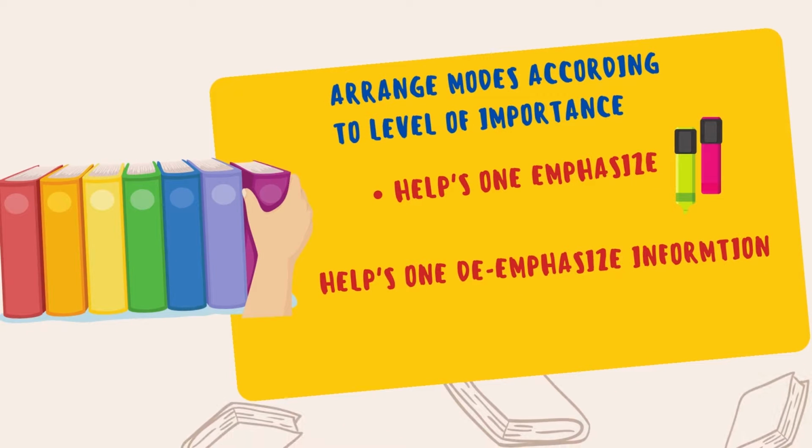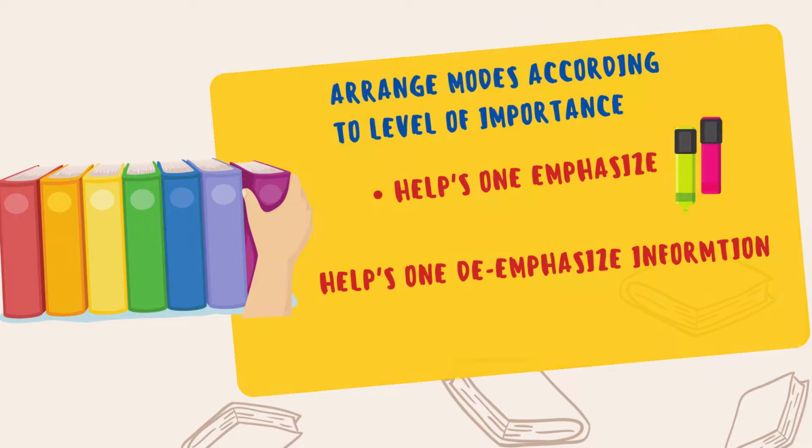Modes are arranged according to the weight each carries. The arrangement of modes according to importance is another key thing I consider in multimodality. In some of the projects I have created, there are times when I want to emphasize certain information and also de-emphasize others, and all this boils down to how I arrange them.